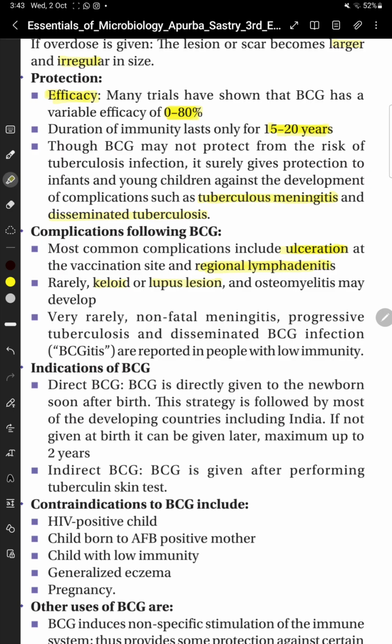Very rarely non-fatal meningitis, progressive tuberculosis and disseminated BCG infection, that is BCGitis, are reported in people with low immunity.